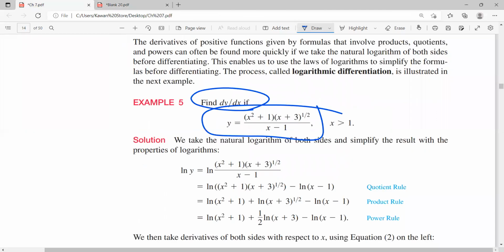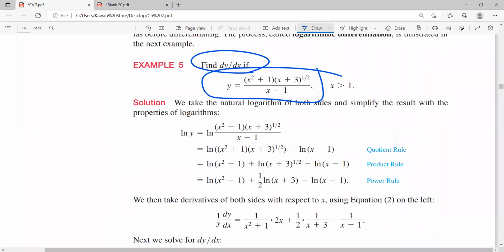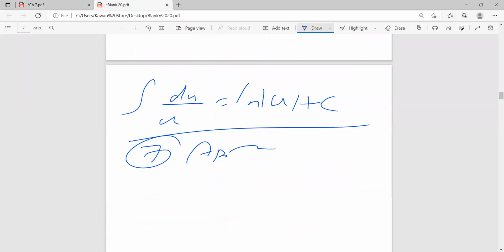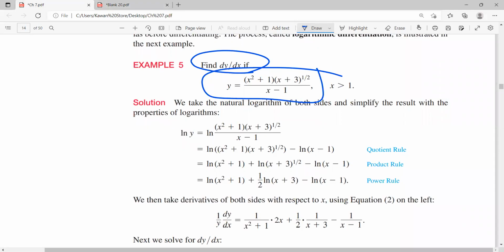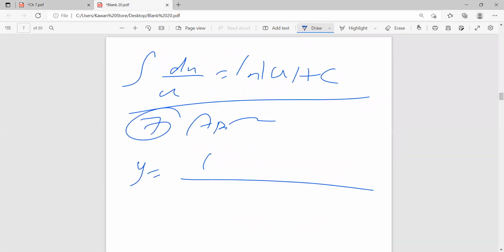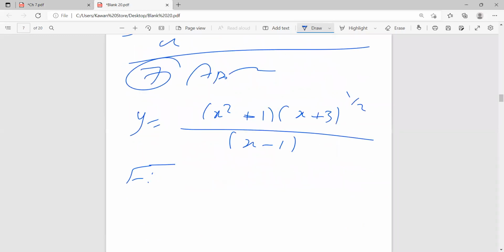For example, if I say find the derivative of such a thing, y is equal to the fraction of x squared plus 1, x plus 3, and x minus 1. I say find y prime. So what's the relation between y prime and this fraction?